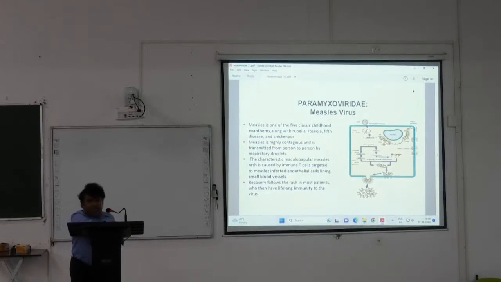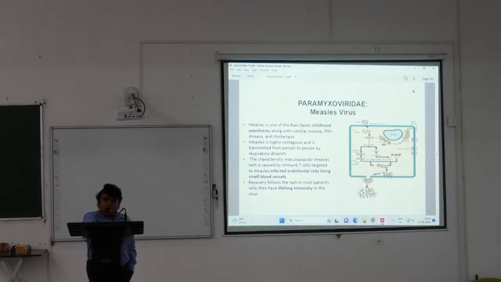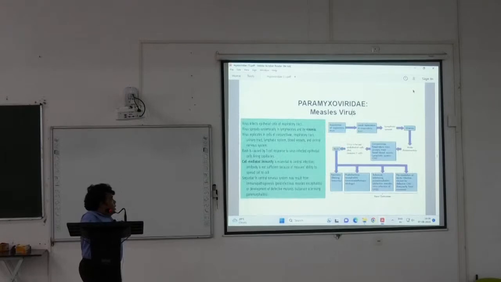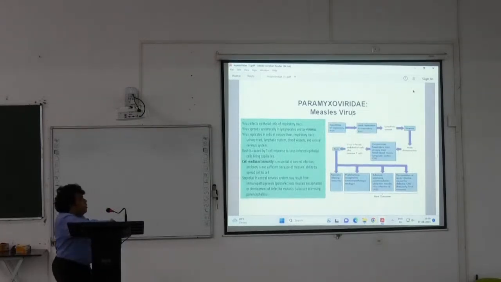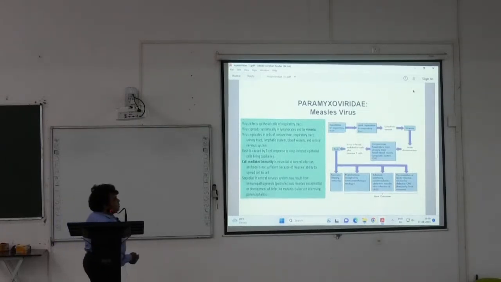Measles is highly contagious. Infection occurs mainly through the aerosol route, infects all epithelial cells, predominantly lungs and skin. Hence the manifestation of rash. Now, the virus enters into the respiratory tract.